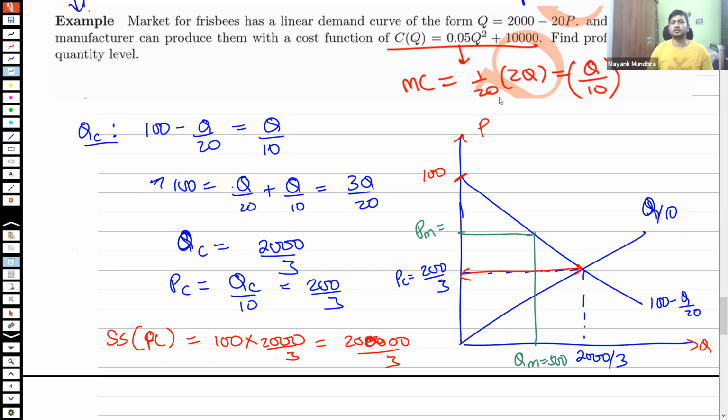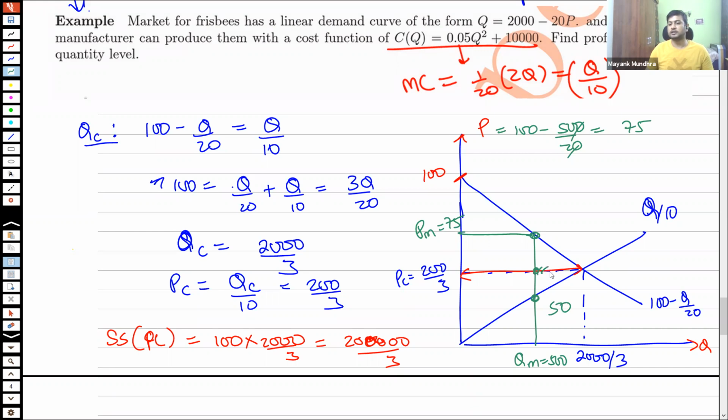Price equals 100 minus Q by 20, so 100 minus 500 by 20. That is 75. Okay, so this point is 75. This is 50.